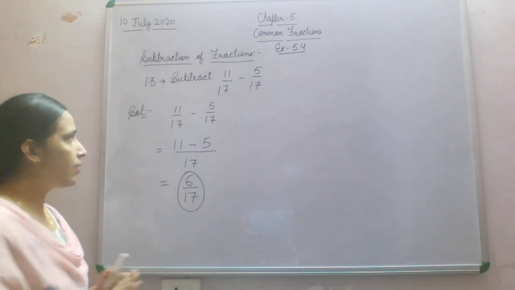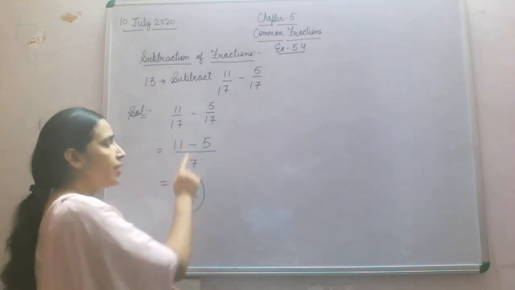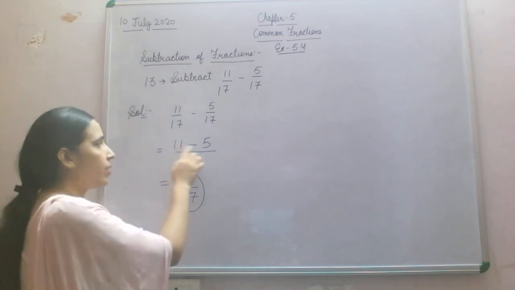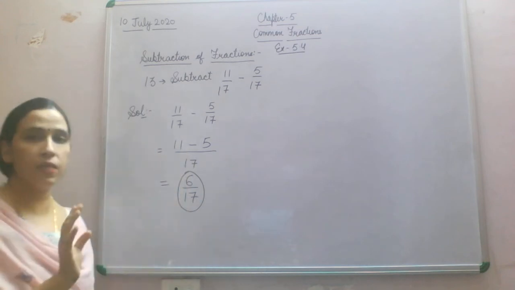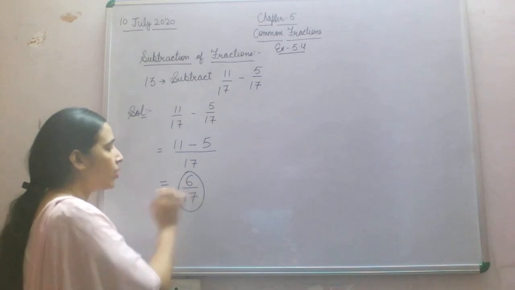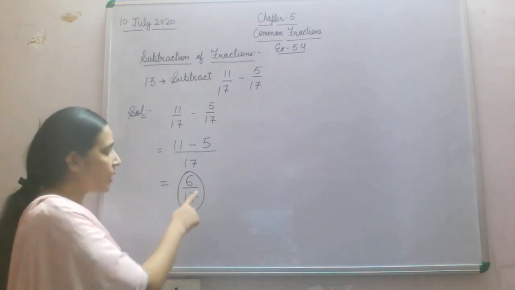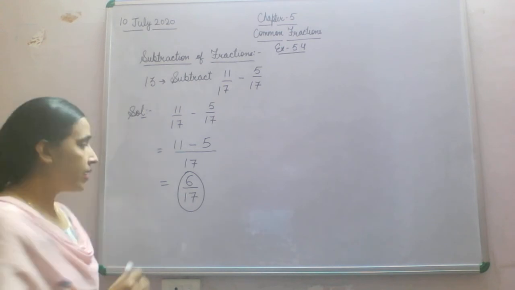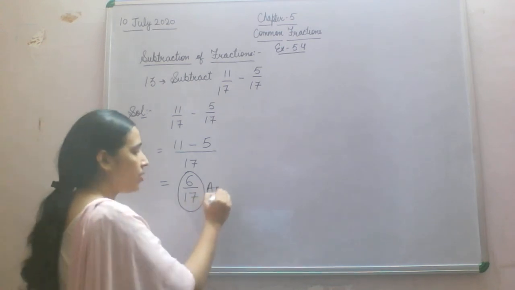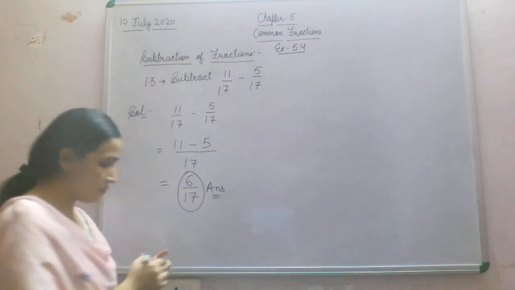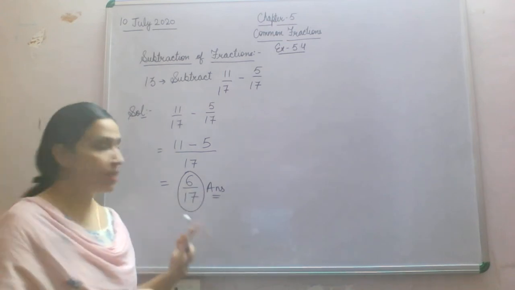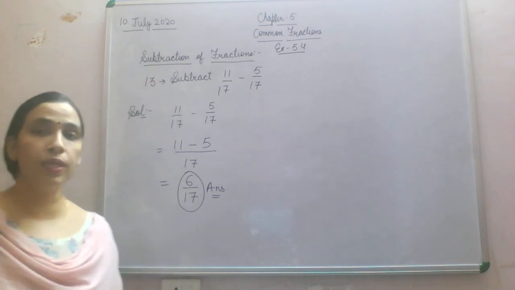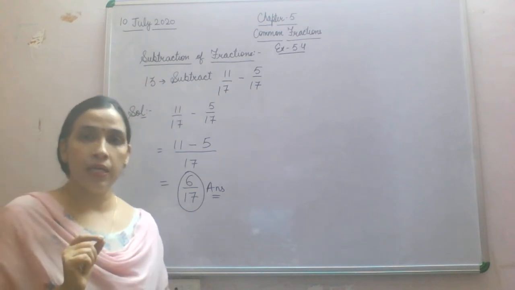So we have written the denominator only once and then done the subtraction with the numerators. 11 minus 5, we got 6. So 6 by 17 will be your answer, because this fraction which we got after subtraction is already in its lowest term. So we are not going to reduce it into its lowest term.